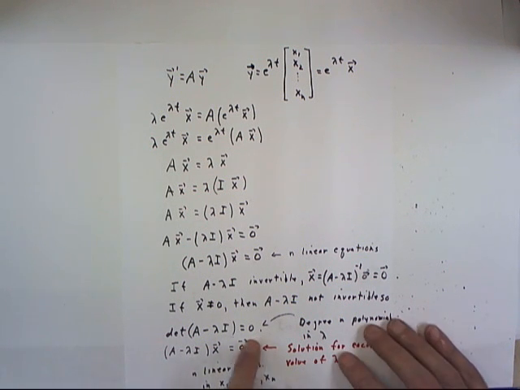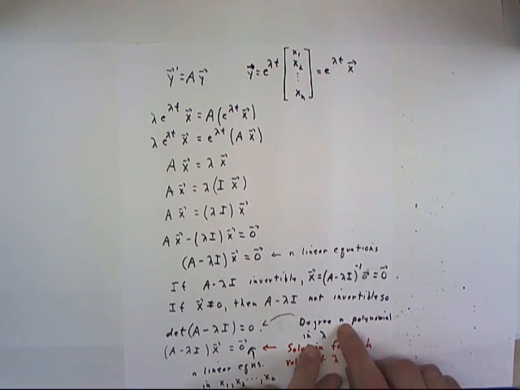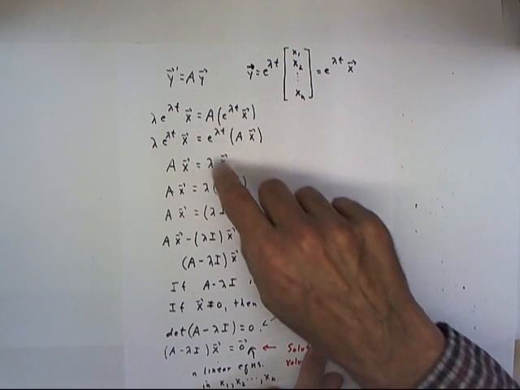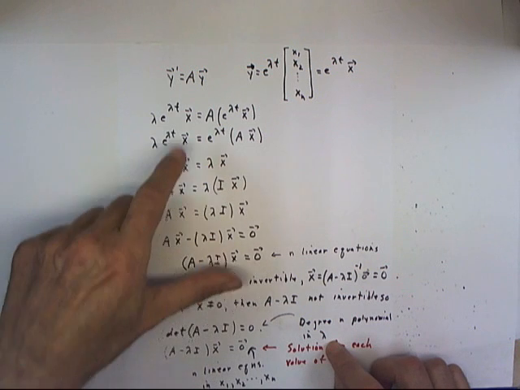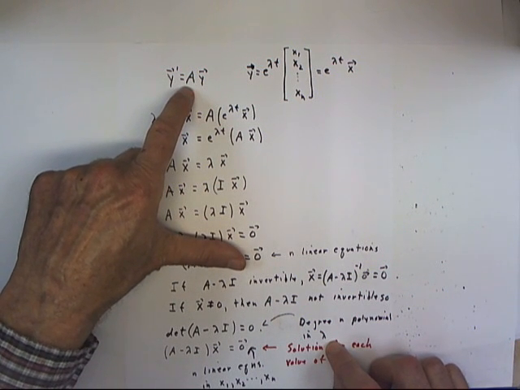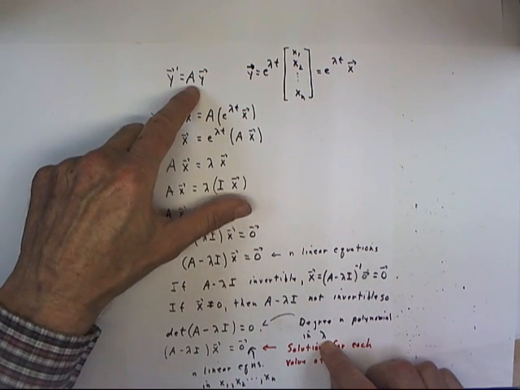Now, the determinant of the A minus lambda I matrix, as we've seen through examples, we know to be a polynomial in lambda. If this is an n by n matrix, then that polynomial is going to be of degree n. Because, as you recall, whatever the diagonal elements of the matrix A are, we form this matrix by subtracting lambda from every diagonal element.